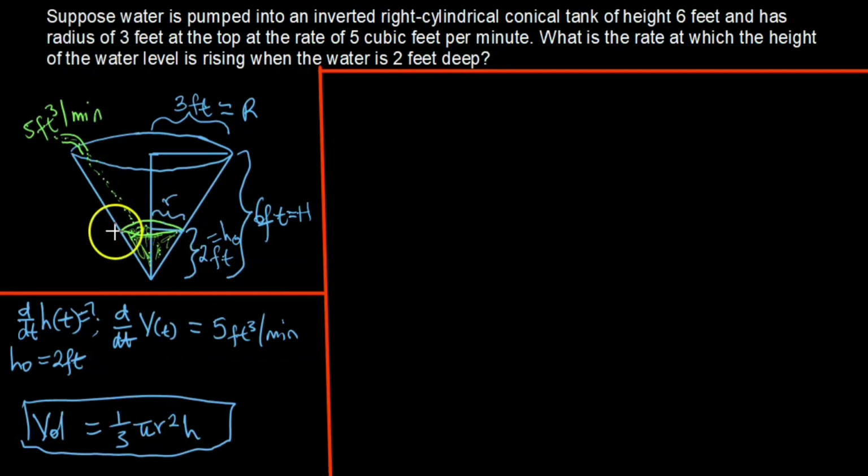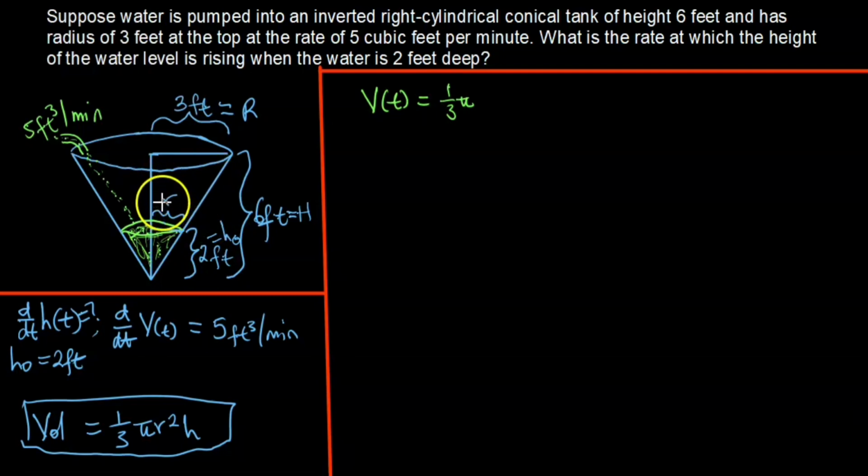So looking at this water, in our own case, we are going to say the formula is V of t, where the volume changes as time changes, is 1/3 pi, those are constants, then r squared. Well, the radius of the water is also changing. When this water level is rising, these are slant lines, so the radius will also increase.